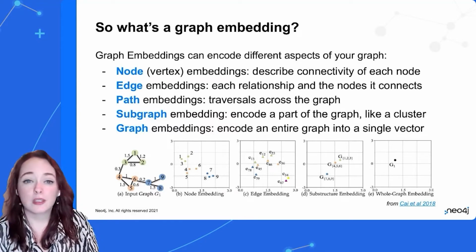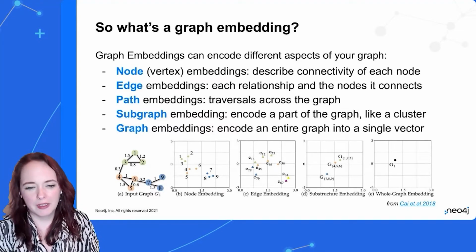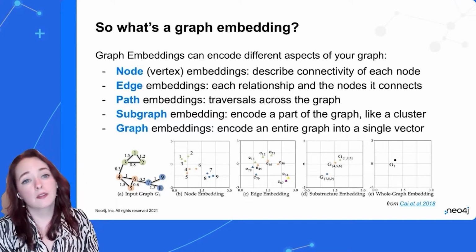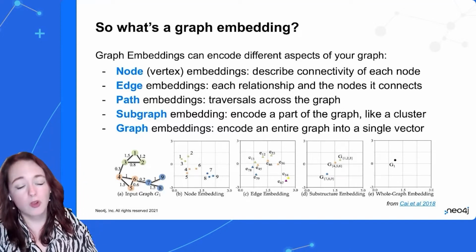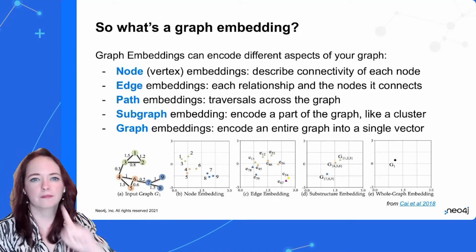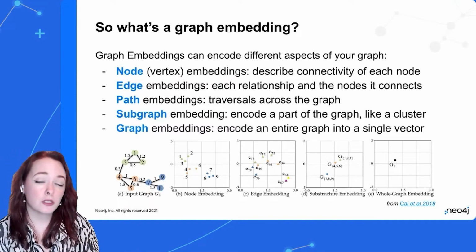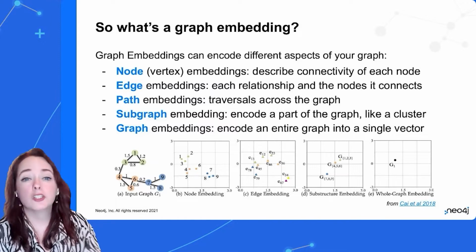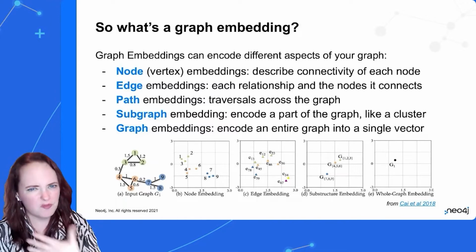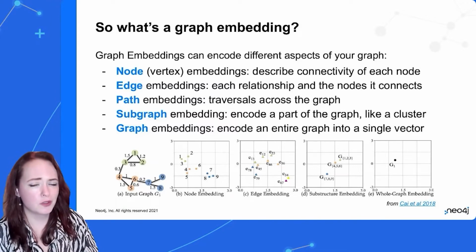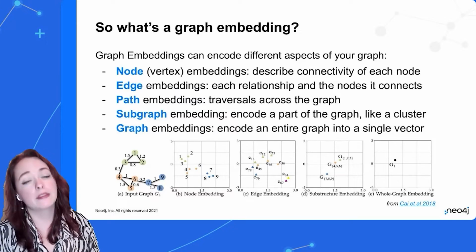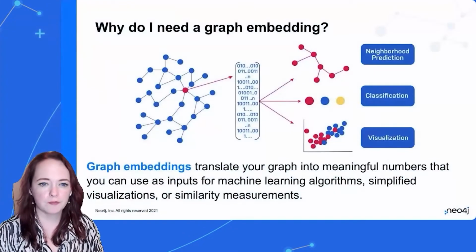If I want to use a substructure embedding or a subgraph embedding, I've got 3 communities. I've got 3 community embeddings. Or if I create a whole graph embedding, that's just one for that example graph. So each of these is useful for a different problem, and you might want to choose the most important one. In general, the most useful embedding is a node embedding, and that's what we offer in Neo4j.